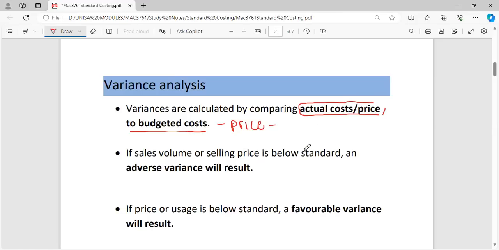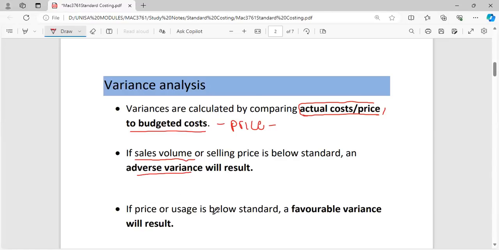Right, so that's there. What I was saying here is you should look at this when you are doing your question. Am I dealing with a sales volume variance or a cost price, a cost variance? So if sales volume or selling price is below standard, an adverse variance will result.